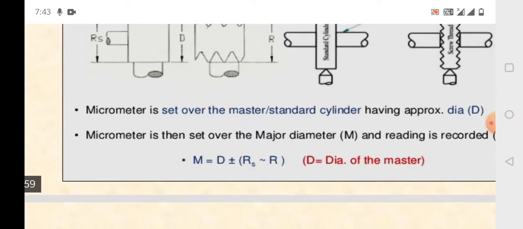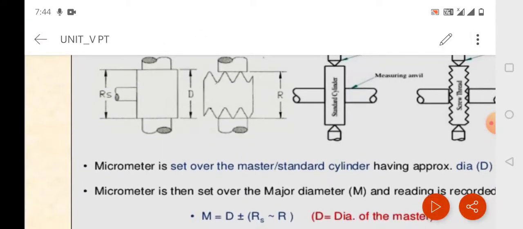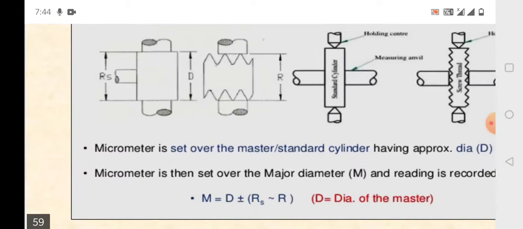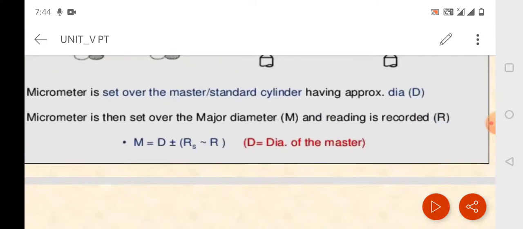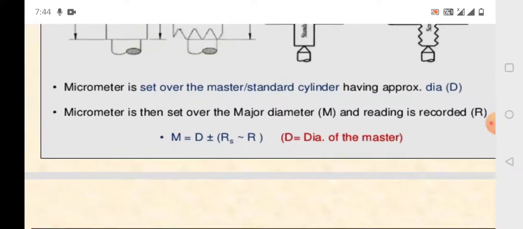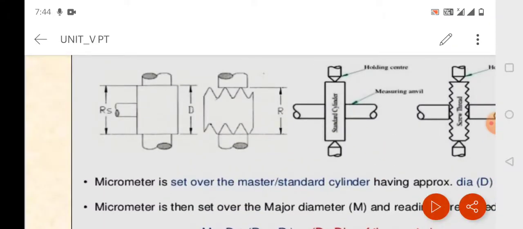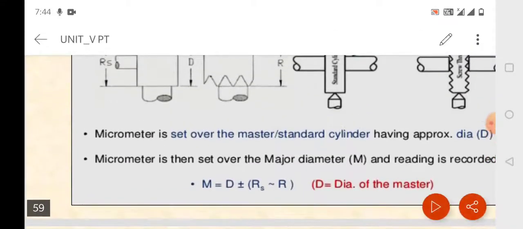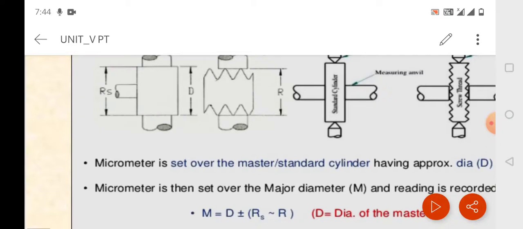So the micrometer is set over the master standard cylinder having approximately the same diameter, denoted as capital D. The micrometer is then set over the major diameter M, and the reading is recorded as capital R. So M equals D, the diameter of the standard, plus or minus the difference between the first reading of the micrometer and the second reading.